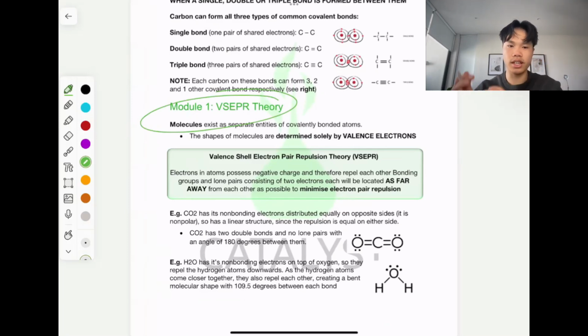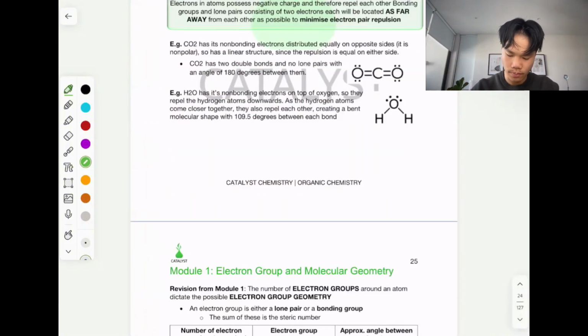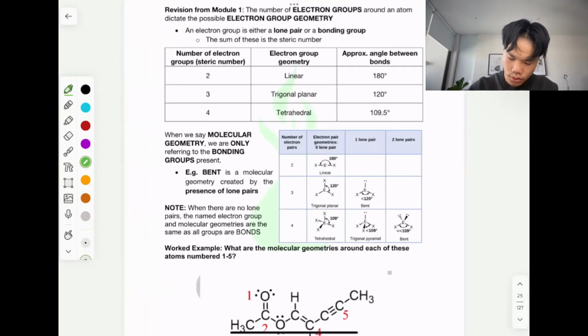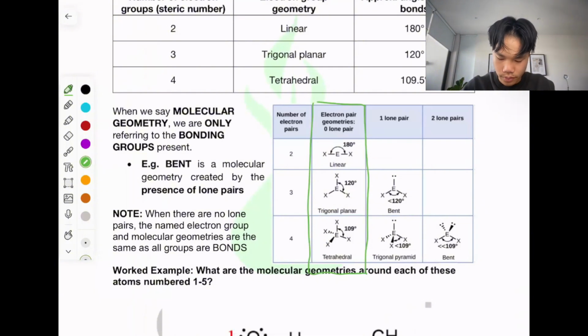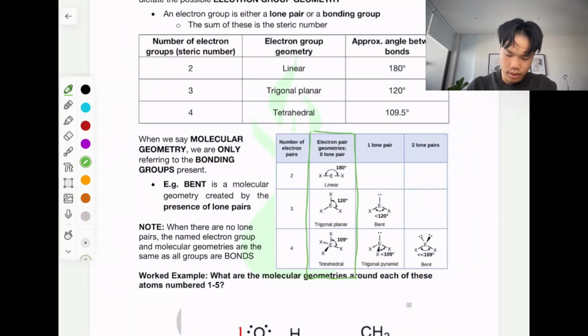VSEPR theory states that electrons in bonds will repel each other as far away as possible. And this is where you derive your linear, trigonal planar, and tetrahedral structures from. So these are your base geometries where you have either 2, 3, or 4 bonding pairs or bonding groups.